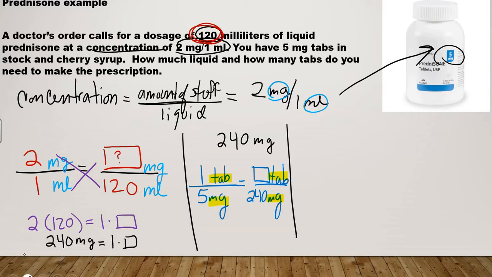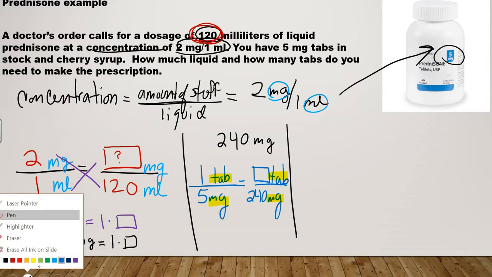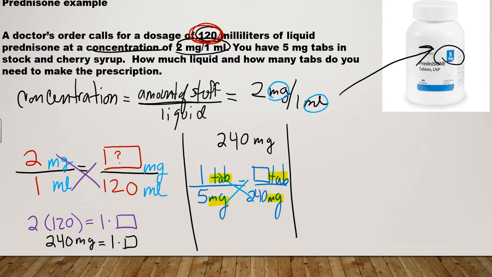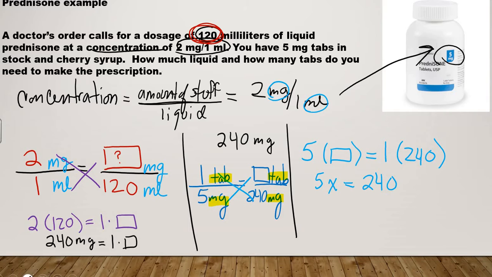So once again, we're going to cross multiply. So that's 5 times unknown equals 1 times 240. If you want this to look like algebra, that's 5x equals 240. To solve for our unknown, the opposite of multiplying is dividing, so we divide both sides by 5.